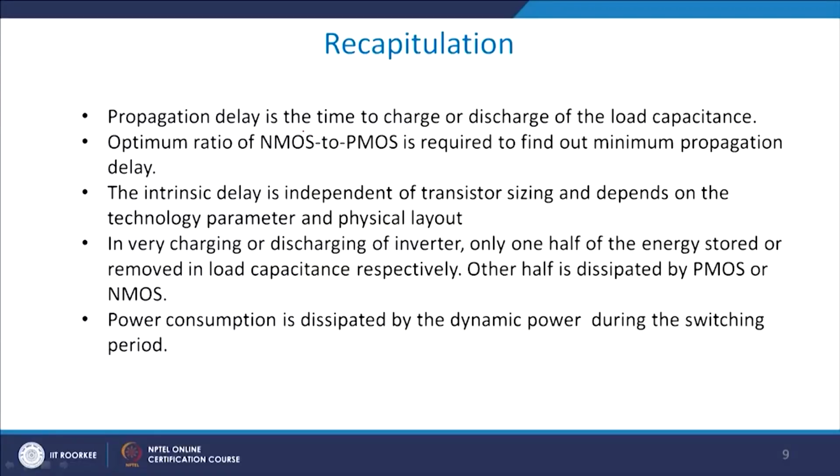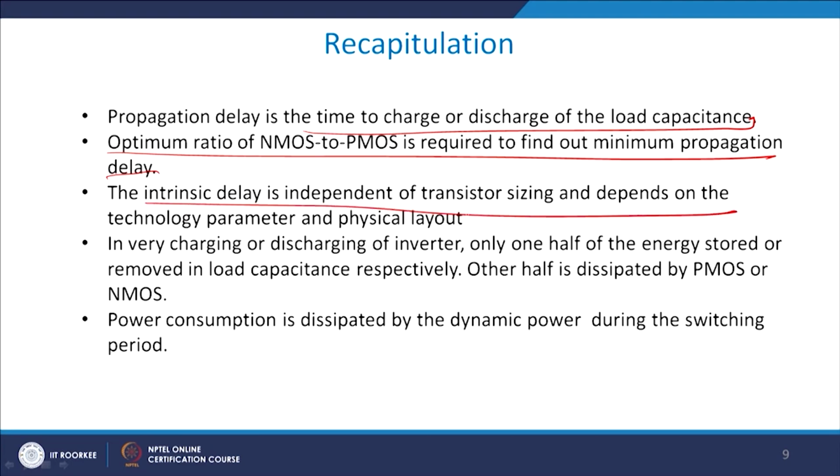So, let me therefore recapitulate what we did in this lecture. We tried to find out the minimum time taken to charge or discharge a load capacitance. We also tried to find out the optimum ratio of NMOS to PMOS for minimum propagation delay. We saw that the intrinsic delay is independent of the transistor size and depends only on the physical layout and the technology parameter.